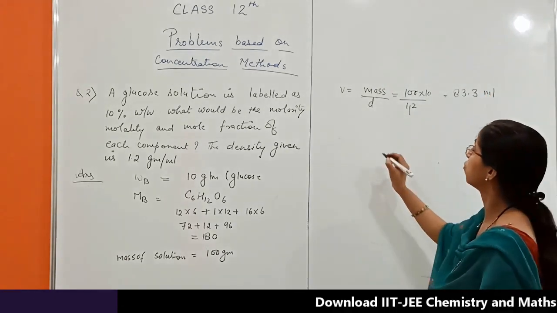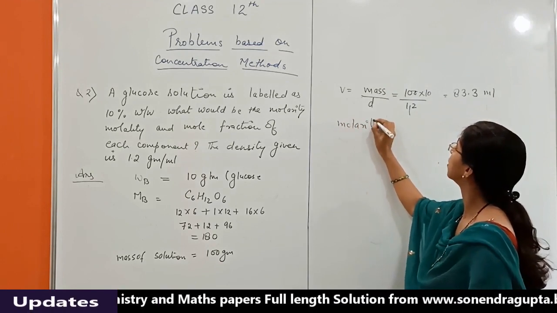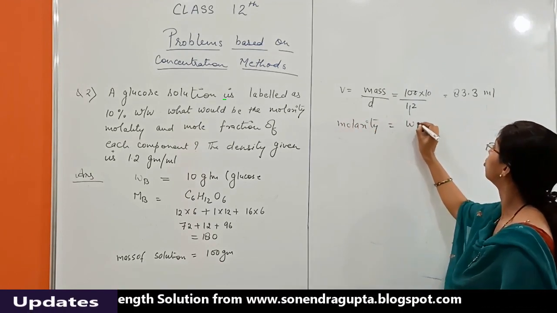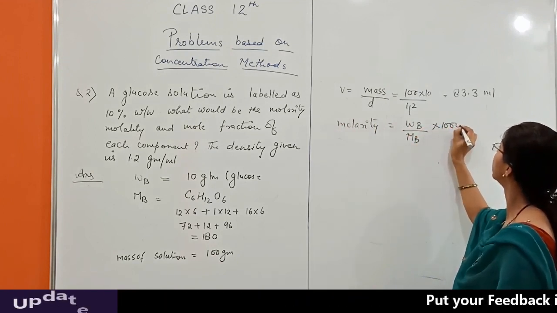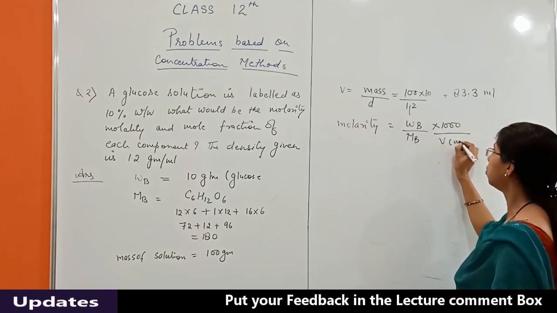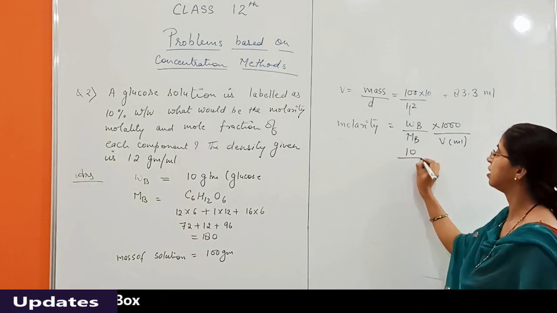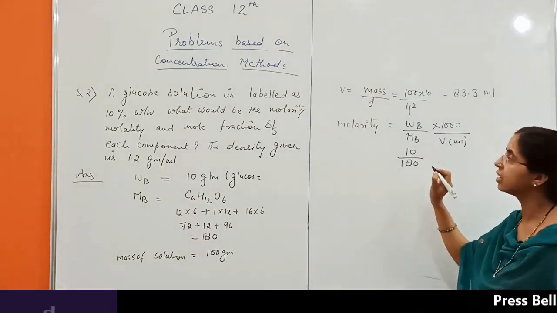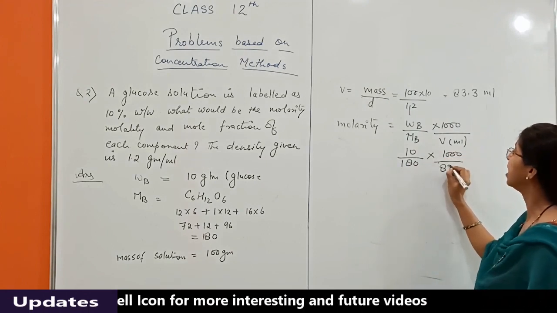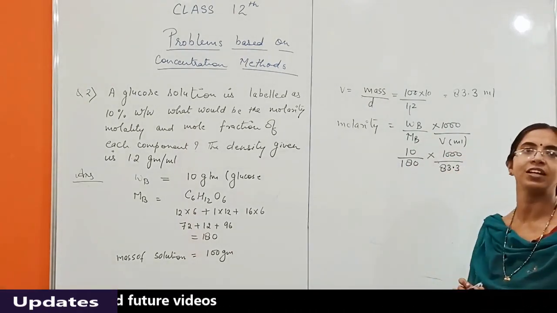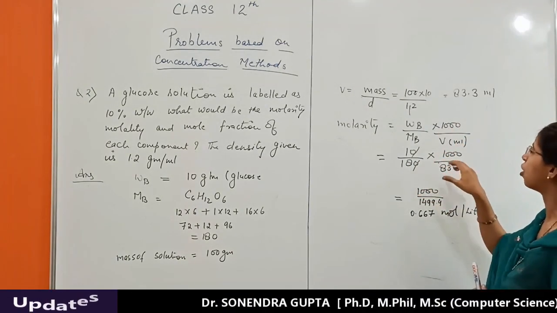If you want to calculate molarity, then it is WB upon MB into 1000 upon V in ml. So WB is 10, MB is 180, then 1000, and 83.3.